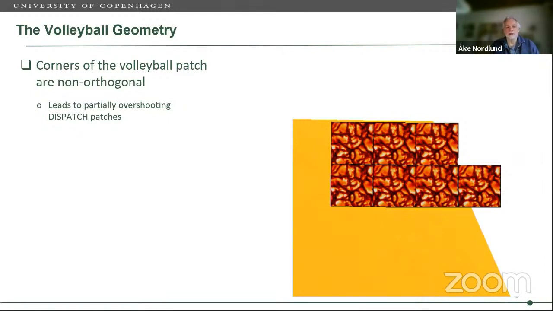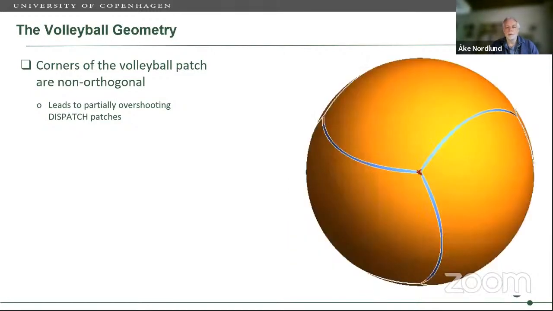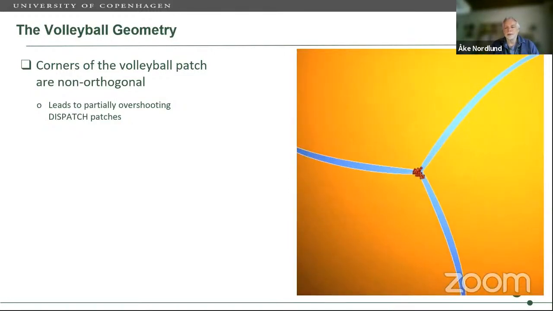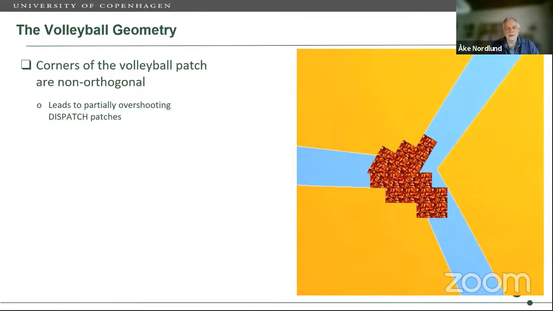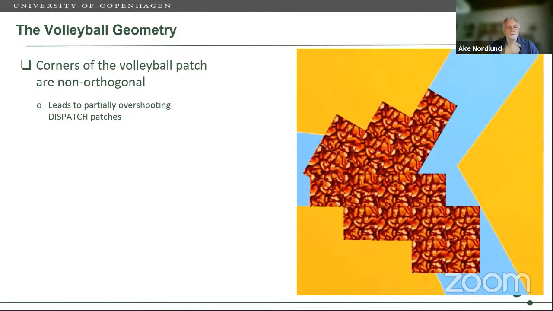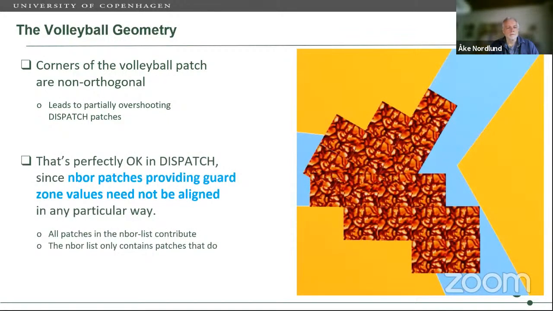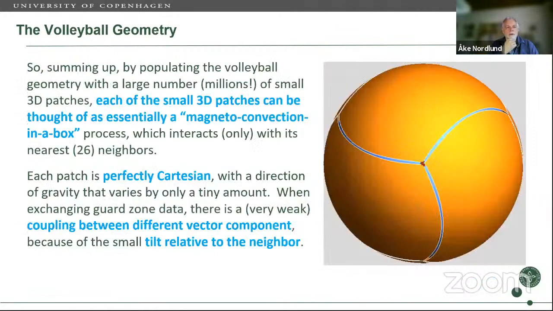So that doesn't create the conflict. And you can actually cope with corners also like that. So to sum up, by populating this volleyball geometry with Cartesian patches, one can easily represent one layer.